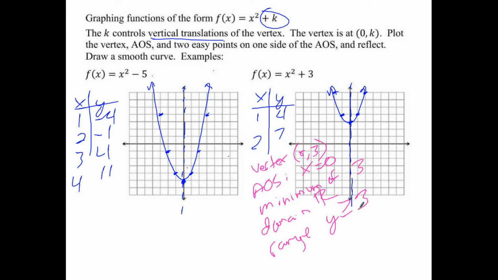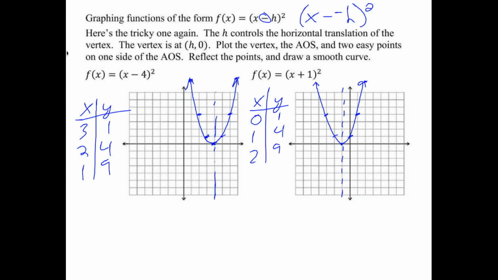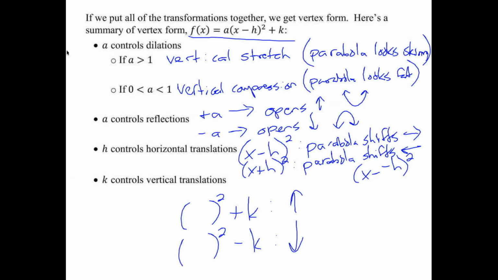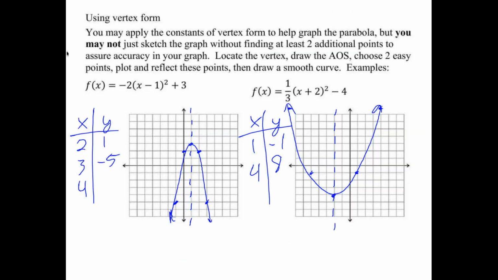Okay? So let's skip ahead, and we'll skip these guys. Let's go on to the really interesting ones, these two here. Let's do both of these, and we'll see if we're good. So the one on the left first, vertex. Vertex is 1, 3. Axis of symmetry: x equals 1. It is an equation, not a number. Okay, next.